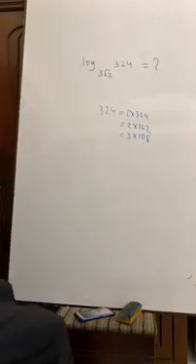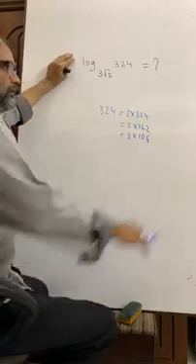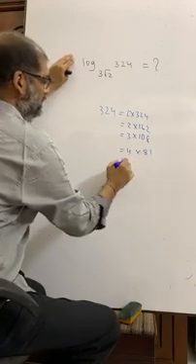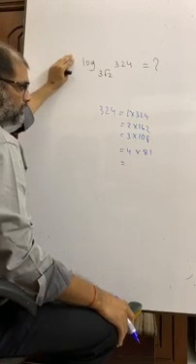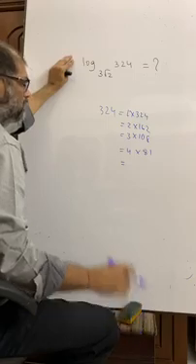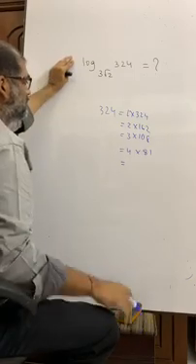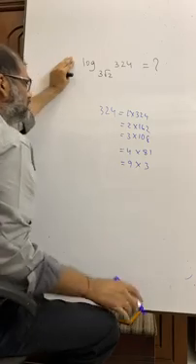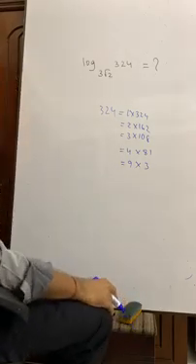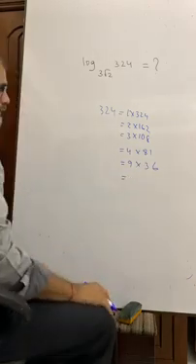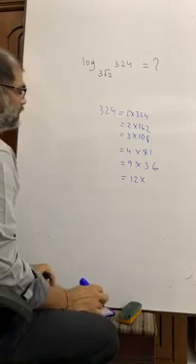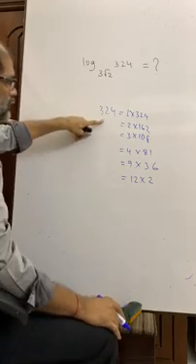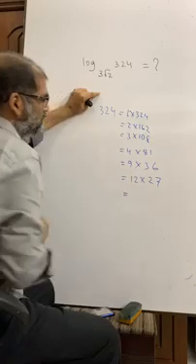Then what are the prime factors? 4 into 81, then 9 into 36, then 12 into 27, then what?